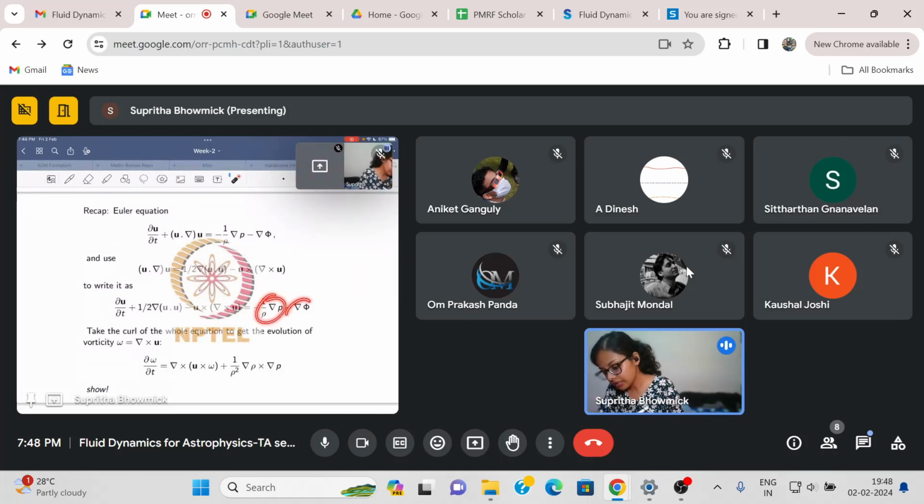Similarly, for this term and this term, since del p and del rho are also total gradient terms, when curl acts on them, it gives you 0. So curl will act on this 1 by rho on this full term and give you this, and curl acting on this will give you this. Is it clear?